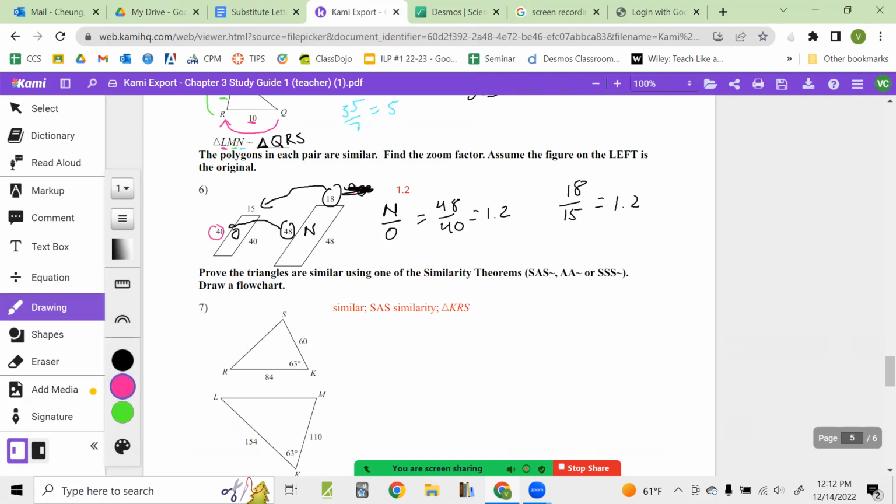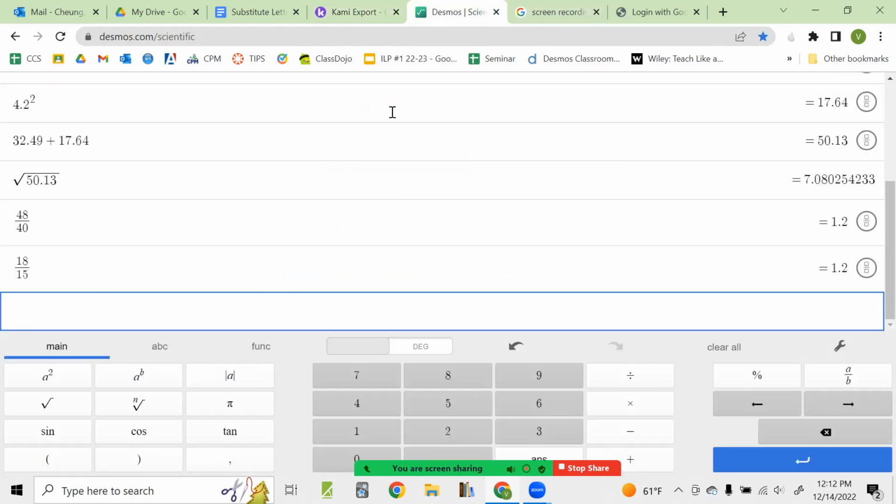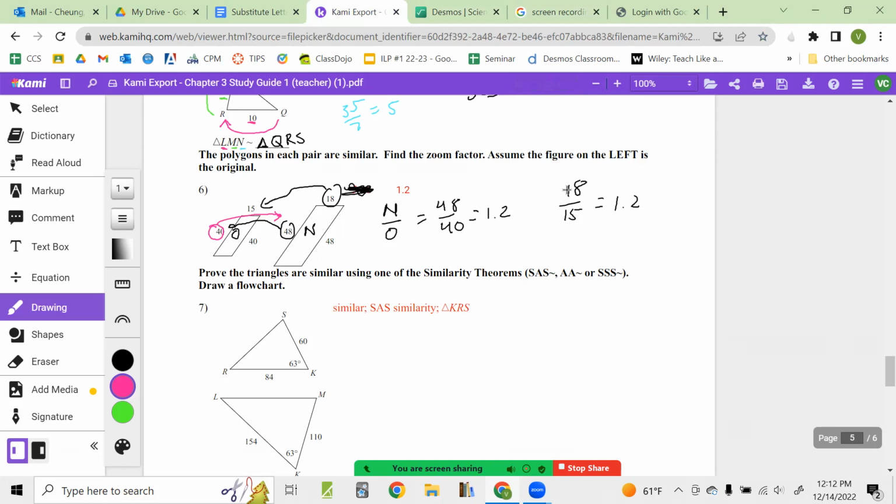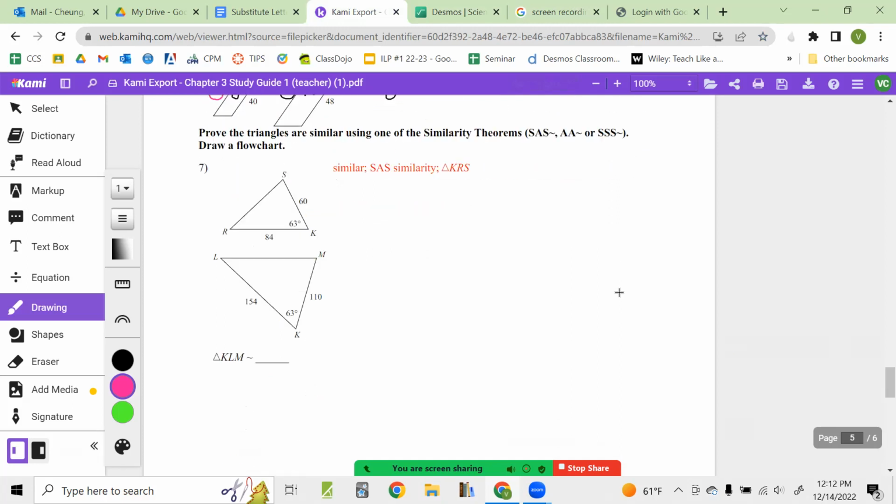This 40, and we multiply by 1.2, we should get the 48. If we multiply by 1.2, let's check that out. 40 times 1.2. Yep, we got 48. See, so zoom factor is the number that you multiply all the sides by to dilate it, make it bigger or smaller.